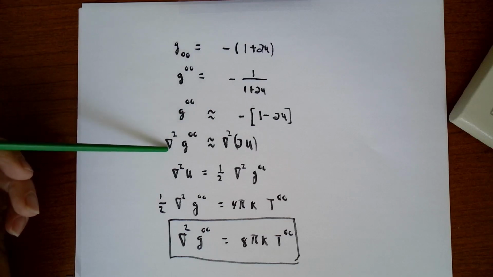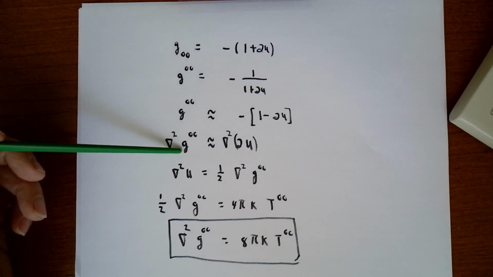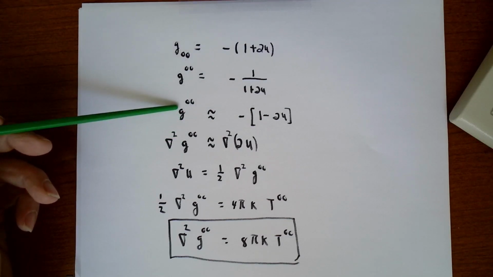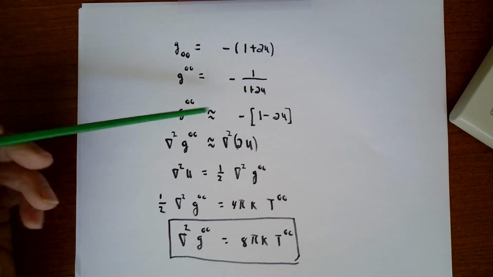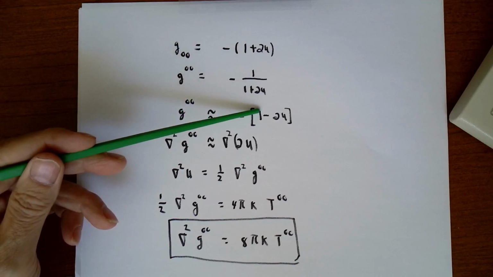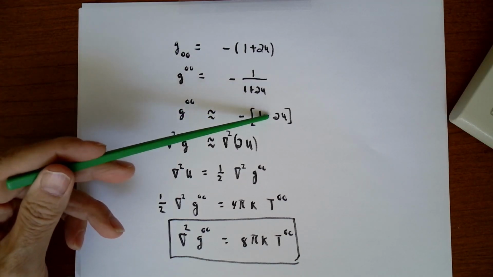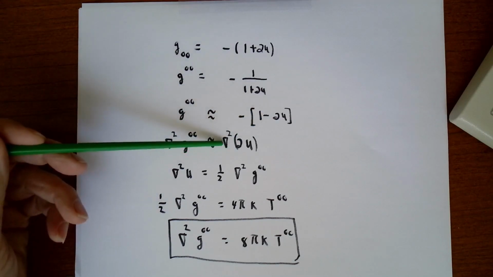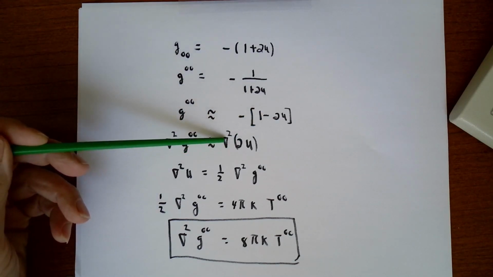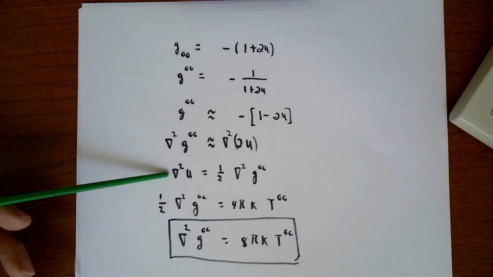Then the Laplacian of G00 with the zeros in the upstairs position is the Laplacian of -1 times the Laplacian of -2u. That would be Laplacian of 2u. Factor the 1/2 over to the other side.